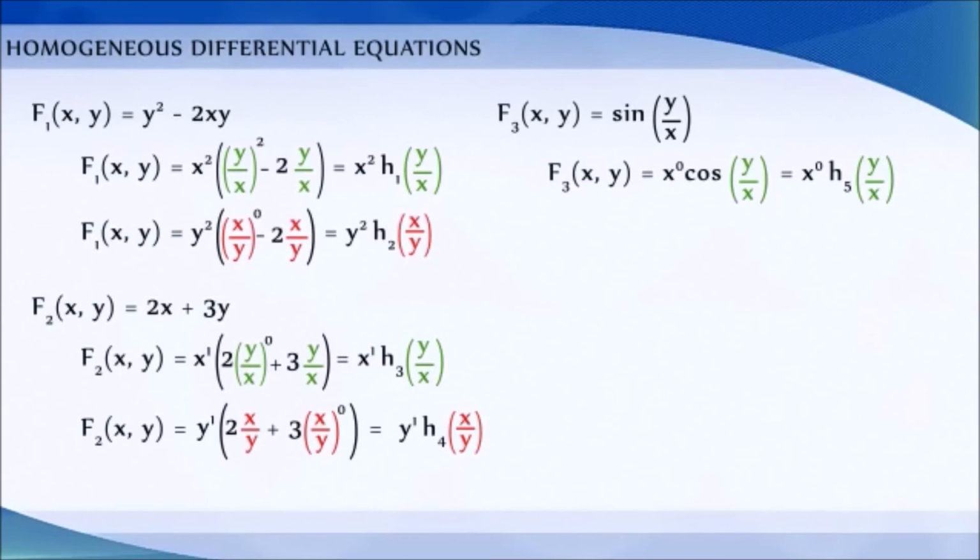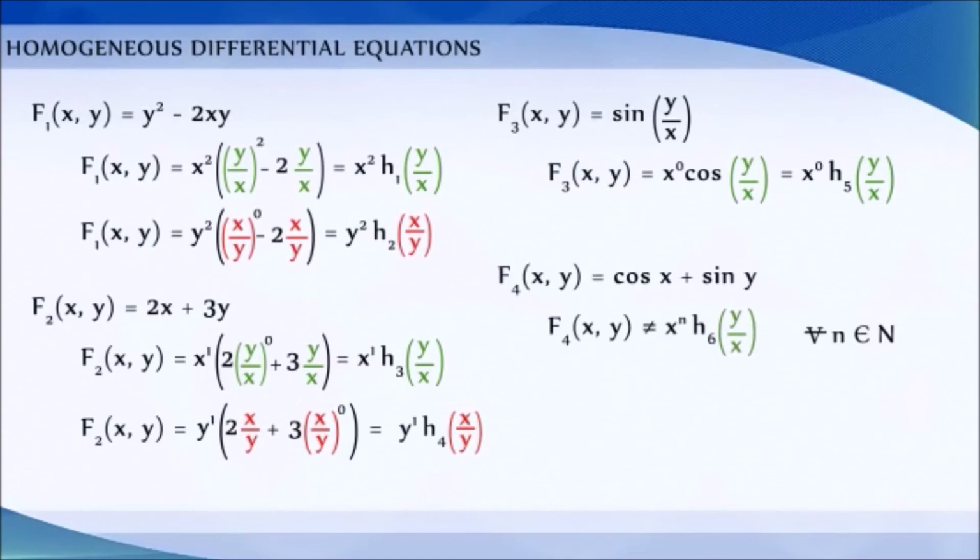But the function f4 of x, y is not equal to x power n of h6 of y by x for any n belonging to capital N, or y power n of h7 of x by y for any n belonging to natural numbers.